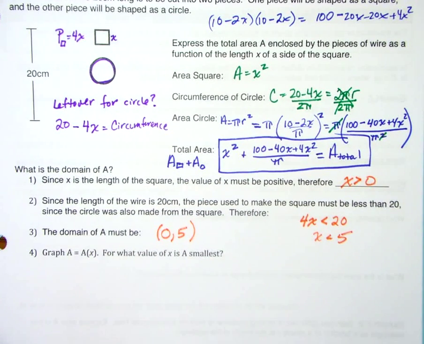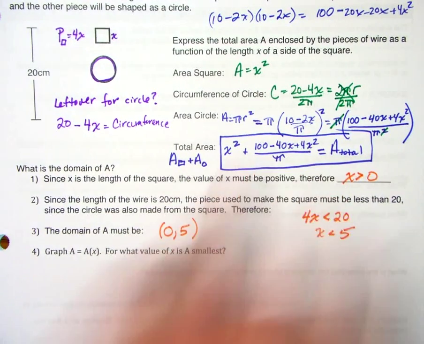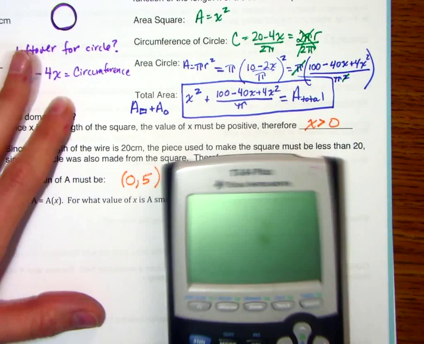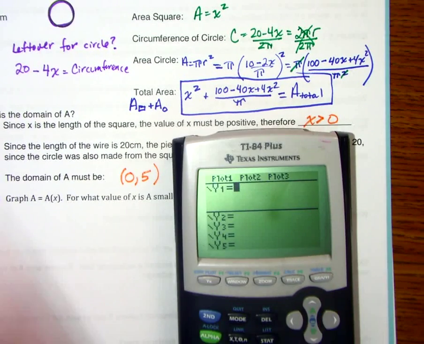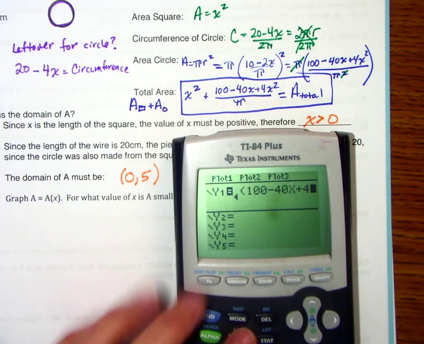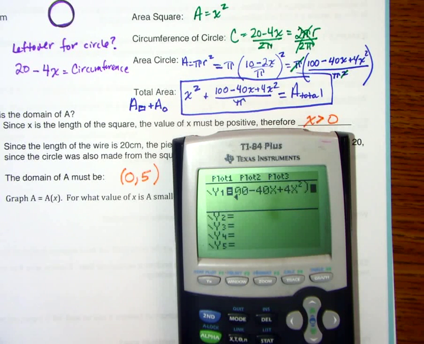Okay, so now we're going to type this into the calculator. I know you guys are so lucky that we get to use the calculator so much more this time. So we have x squared plus 100 minus 40x plus 4x squared in parentheses divided by pi.